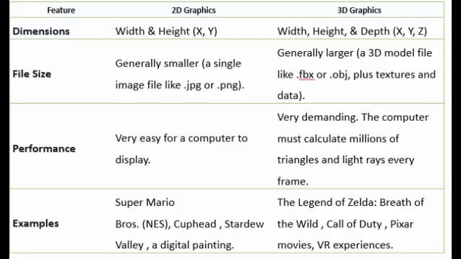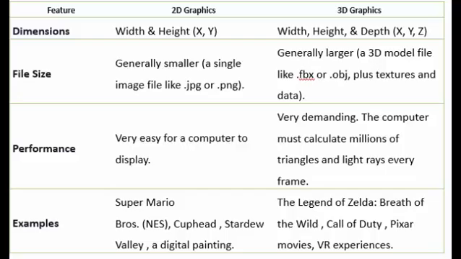For this next table, first we have the file size. A 2D image is usually smaller because it can be stored as a single image file such as JPEG or PNG. A 3D project can be much larger because it may contain a 3D model, textures, lighting information, and other data.